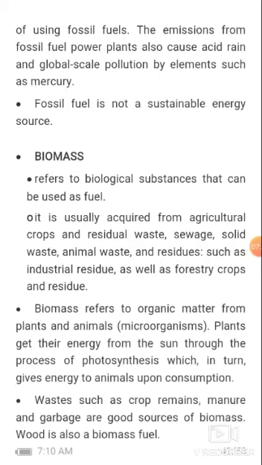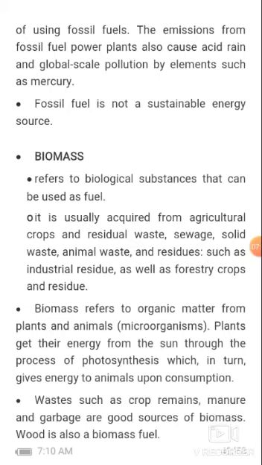Biomass refers to organic matter from plants and animals or even microorganisms. So plants get their energy from the sun through the process of photosynthesis, which in turn gives energy to animals upon consumption. So we have the producers and the consumers.